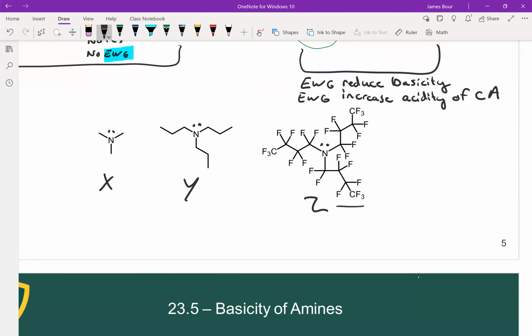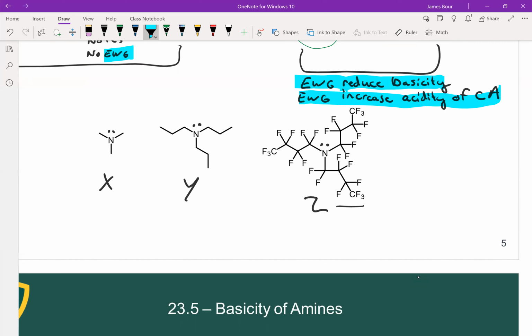And so compound Z stands out, and fluorines are electron withdrawing. And remember from up here, highlighted in blue, electron withdrawing groups reduce basicity, or they increase acidity of the conjugate acid. In this case, we have a ton of fluorines off of our amine. These are electron withdrawing groups. Fluorine is electronegative. This amine is certainly the least basic.